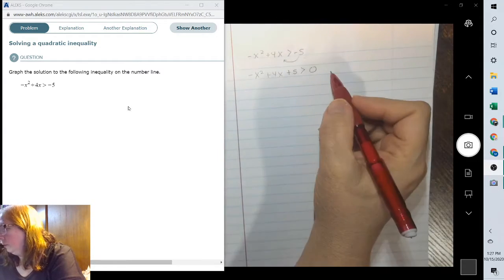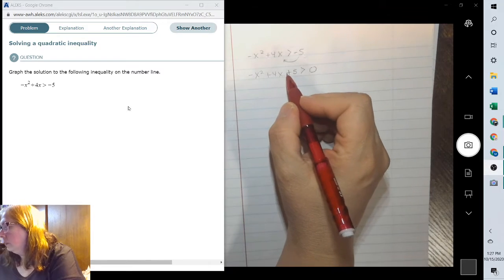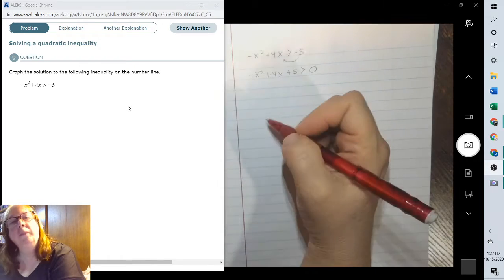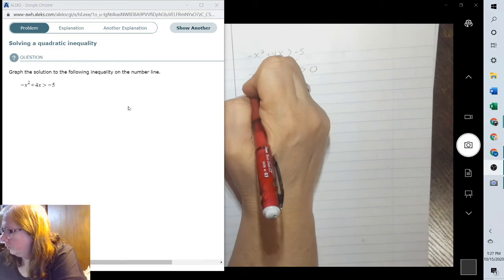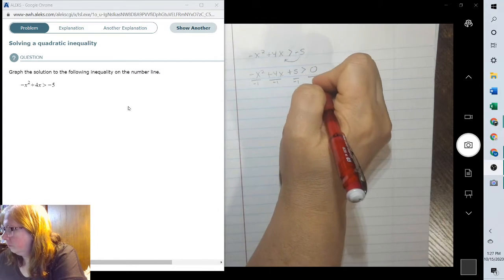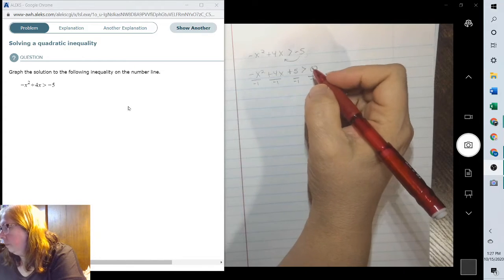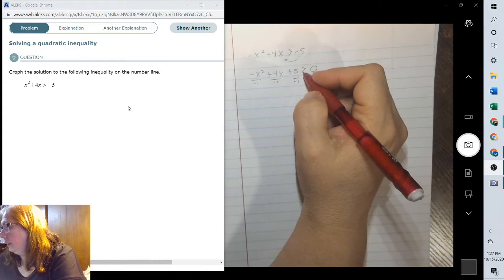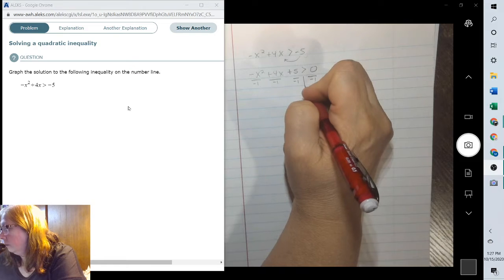I'm going to multiply through by a negative because I don't like to factor when my front term is negative. So I'm going to divide everything by -1. Now when you divide or multiply everything by a -1, it flips your inequality.